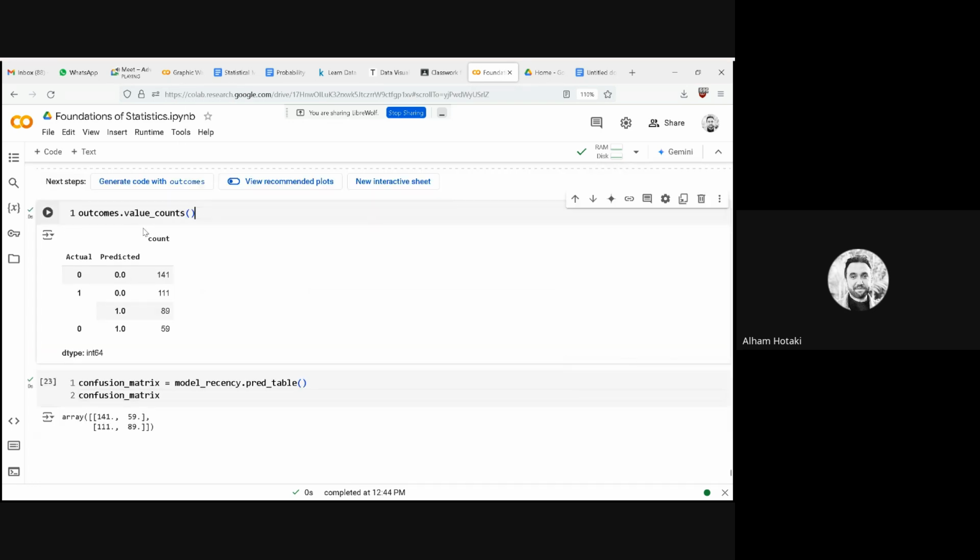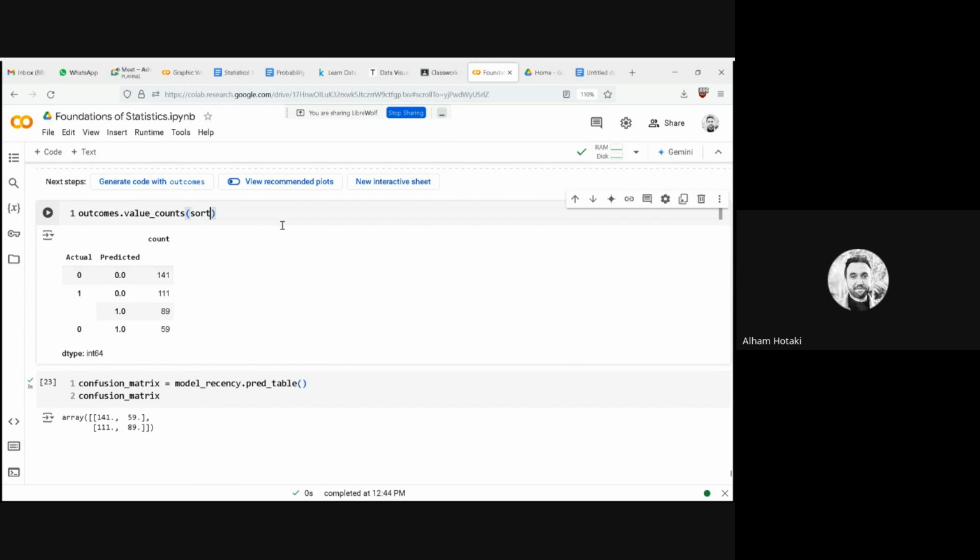This is the very interesting mathematical calculation side. 141 predicted true. 59 predicted false, which should be 0.